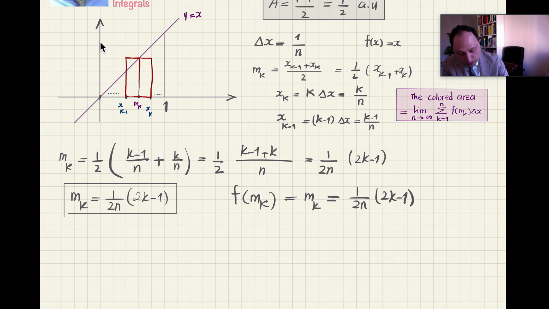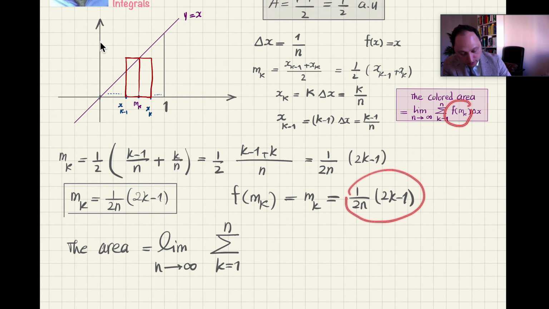What I do, so I would write that the area is equal to the limit as n goes to infinity, sigma k goes from 1 to n, f of mk, which is this expression, multiplied by delta x, which is this expression.